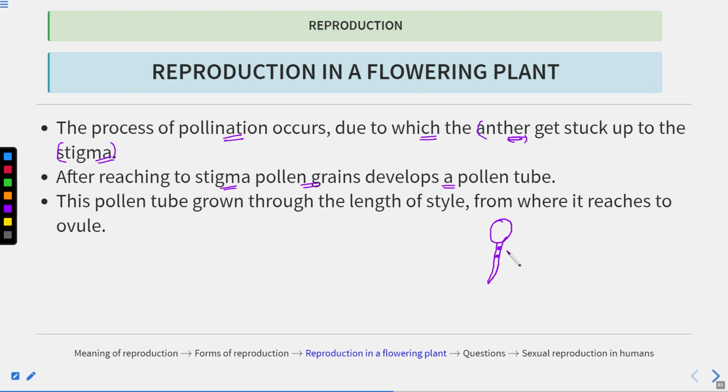These are the 2 male gametes formed within the pollen grains. So each pollen gives rise to 2 male gametes. Alright, so this is what it's saying.